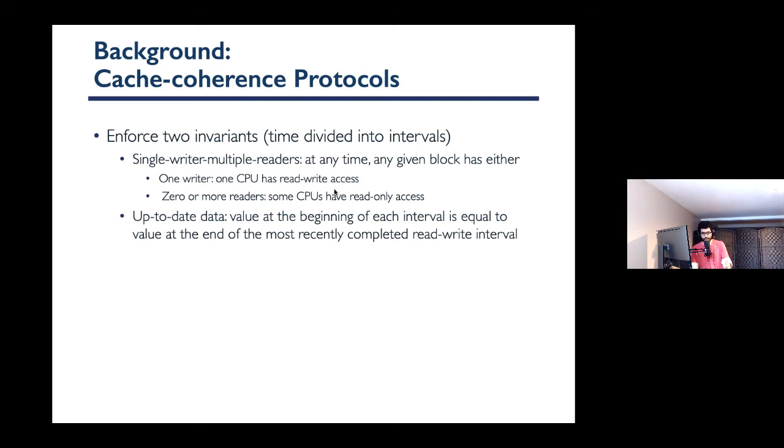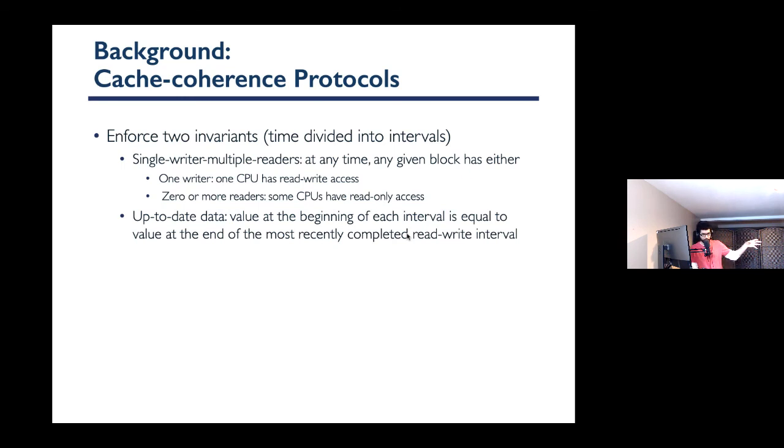When you do that, you want to make sure that the value of the shared data at the beginning of each interval is equal to the value of this shared data at the end of the most recent read-write interval. Basically, in plain English, it means that any reads that happen later, after a write, should see the value of that write.